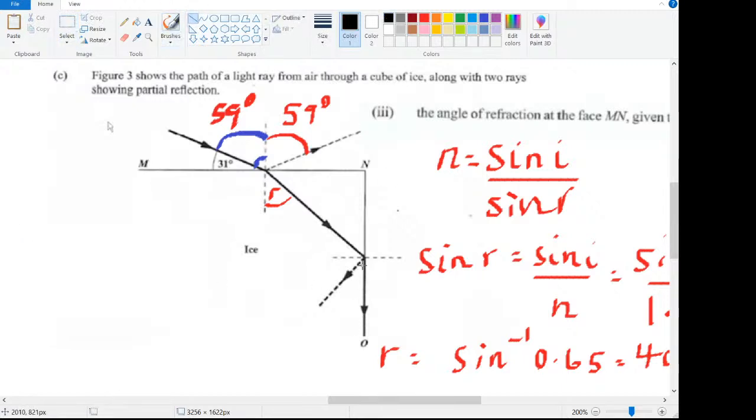draw something like that, whatever is about 49, and label it theta C. That's a weird question.